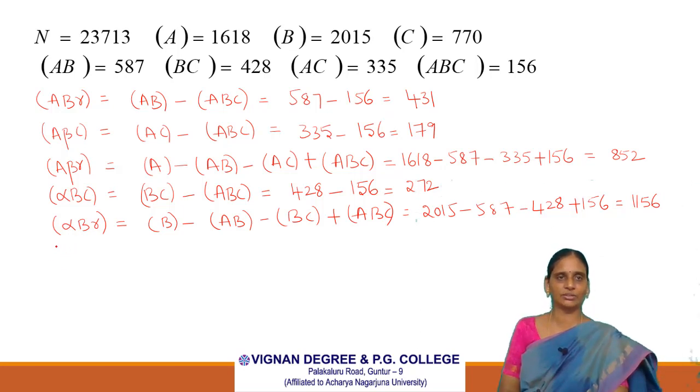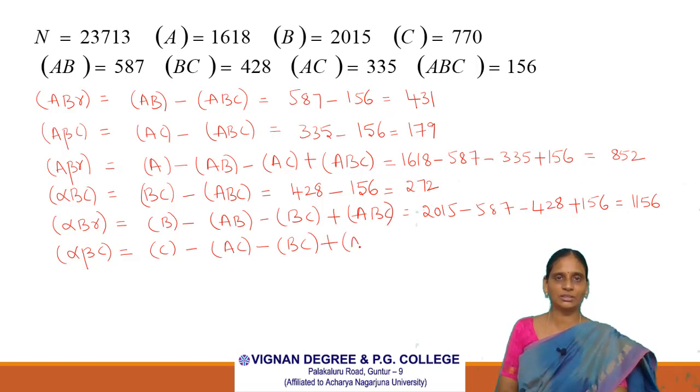And the next value is frequency of alpha, beta, C. This is equal to frequency of C minus frequency of AC minus frequency of BC plus frequency of ABC.